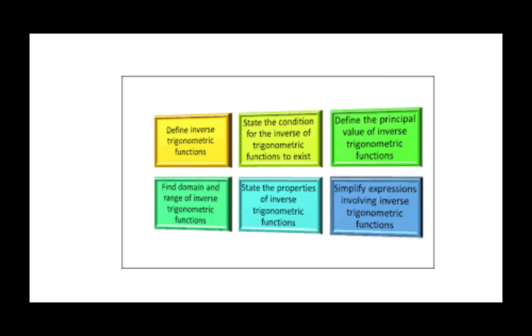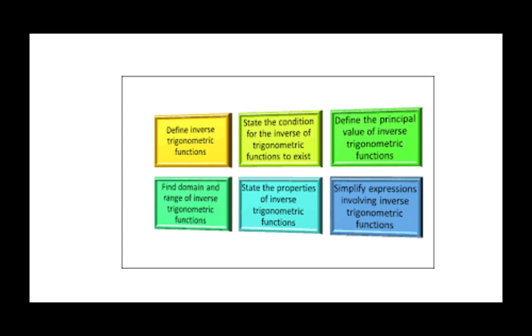So in this chapter, what we are going to learn is first how to define the inverse trigonometric function. First, we are going to see the definition of inverse trigonometric function. Then after that, we are going to see the condition for the inverse trigonometric functions, whether an inverse trigonometric function can exist or not exist.